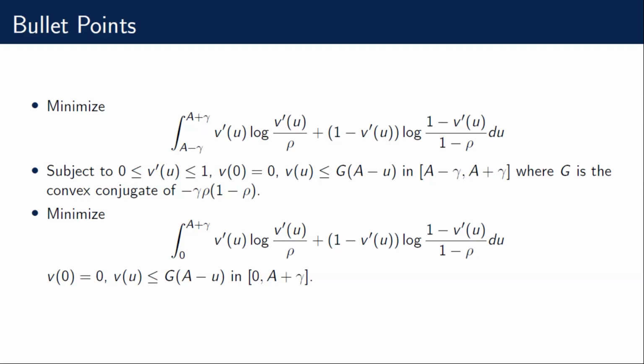And the Lax solution is a variational formula involving the convex conjugate of the function gamma times rho (1 minus rho), and that's the function g. What this says is you are minimizing over all possible flows that can happen.